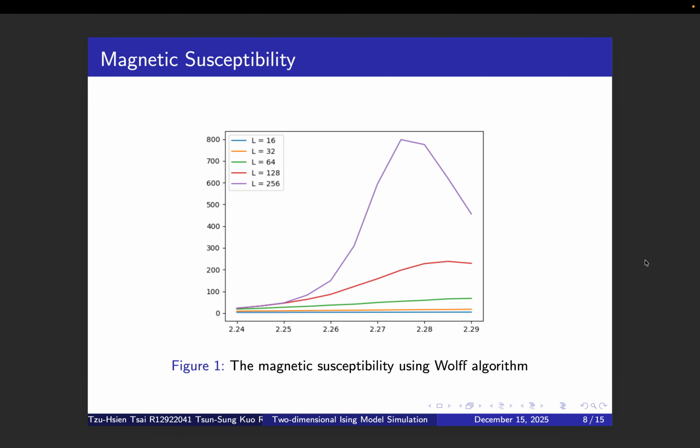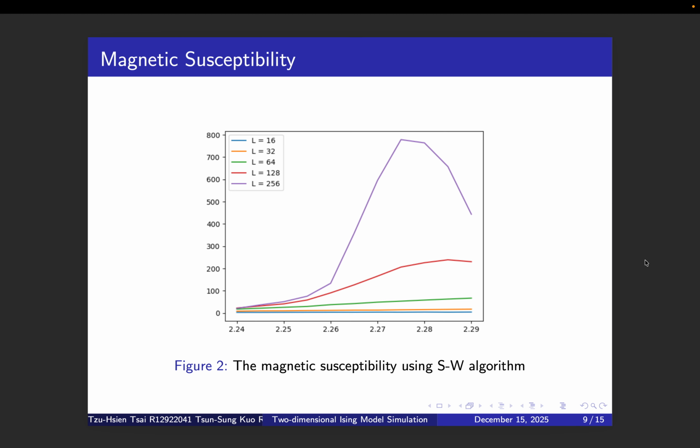But we do not see such an increase of magnetic susceptibility when the side length of the lattice is 16, 32, and 64.